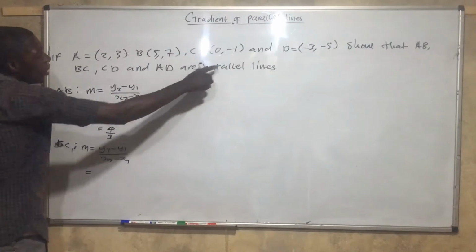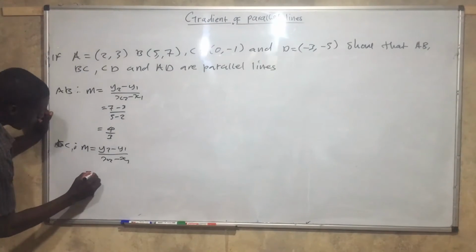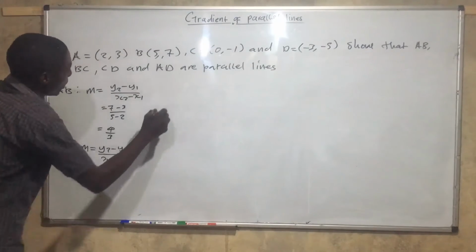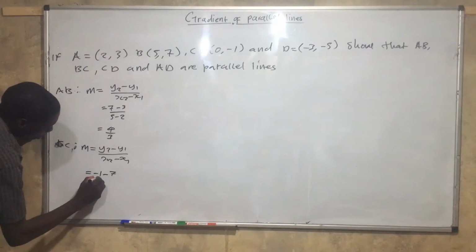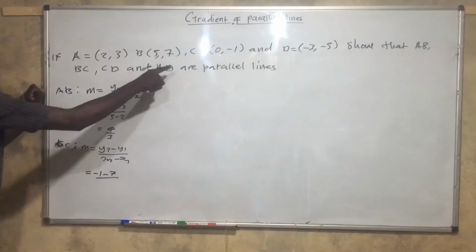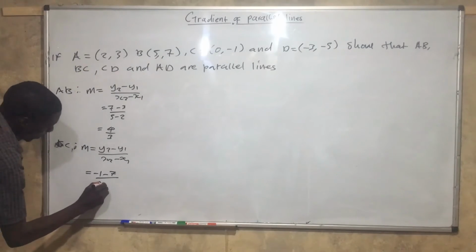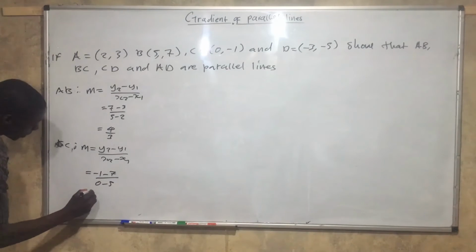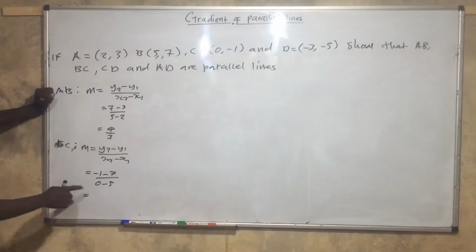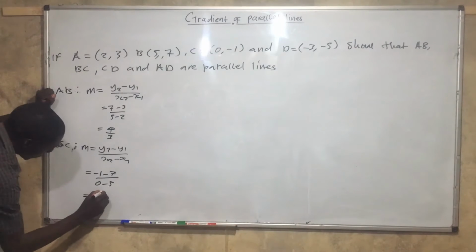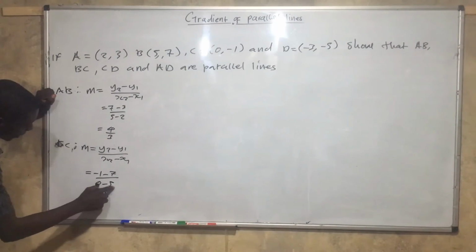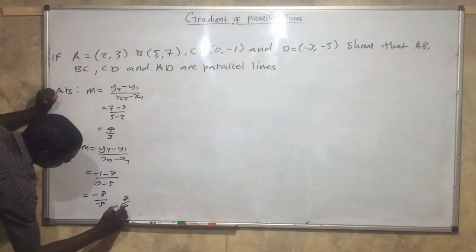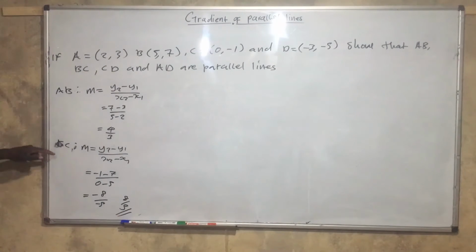So our y2 is -1, minus our y1 which is 7, so -8, over our x2 which is 0 minus our x1 which is 5. So this will be -8 over -5. This will give us 8 over 5. It means this is the gradient for BC.